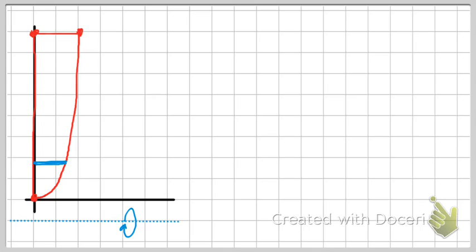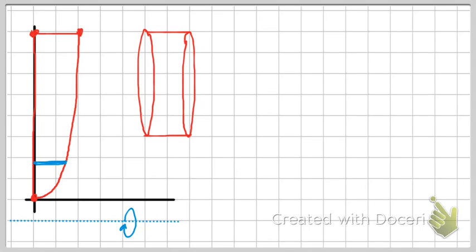What would happen if I'd sliced vertically? I would have created washers. Right? So if we're going to go with shells, and I forced you to, this would look like the shape.